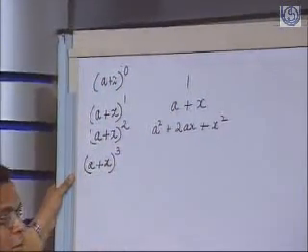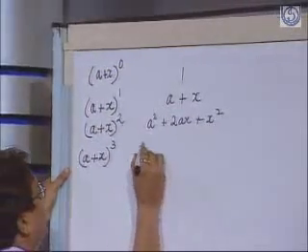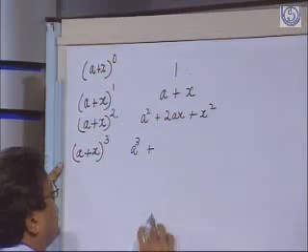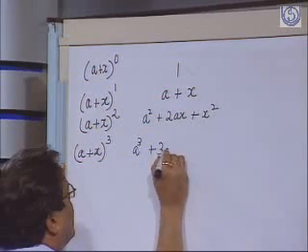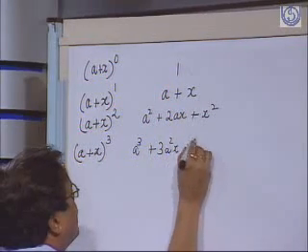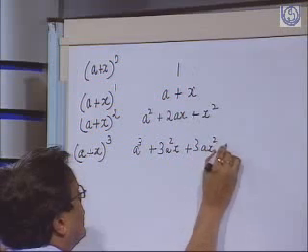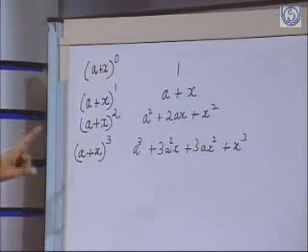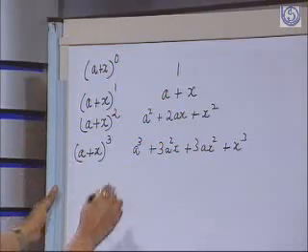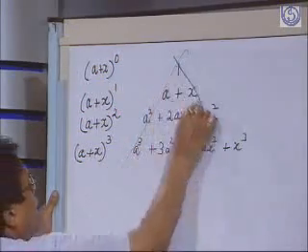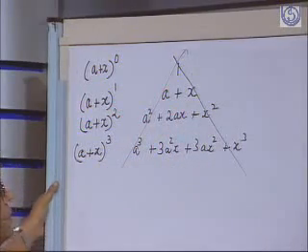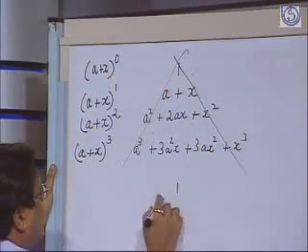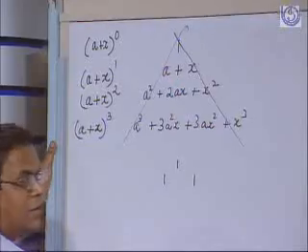You can tell me this much. A cube plus... write in descending order of a. A cube plus 3a square x plus 3a x square. Now can you construct this triangle? See, I am writing the coefficients only. 1, 1.